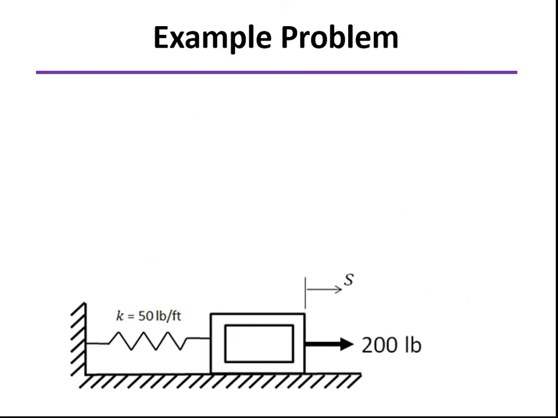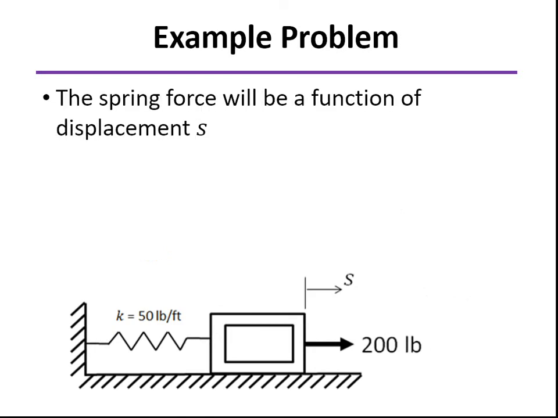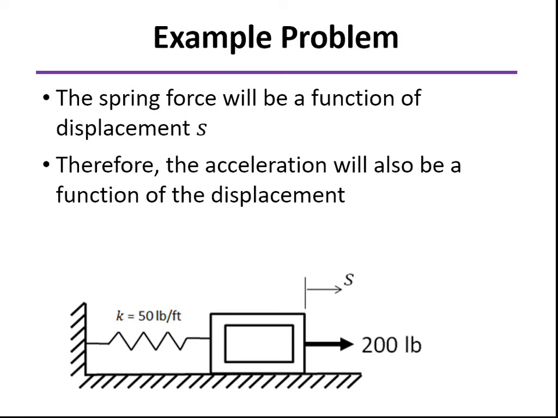Now, what you want to recall here is that the force in a spring is going to be k times the deflection. So in this case, the deflection would be the distance s that we moved. So your spring force is going to be a function of s. So when you take the sum of the forces in the x direction, set it equal to the mass times acceleration, then your acceleration will also be a function of the displacement s.